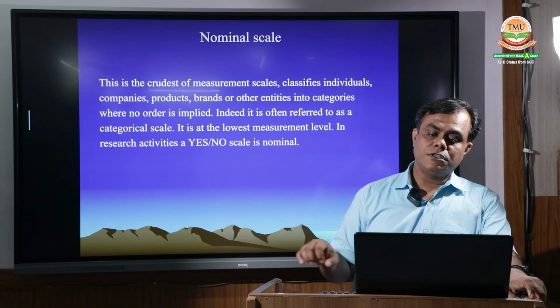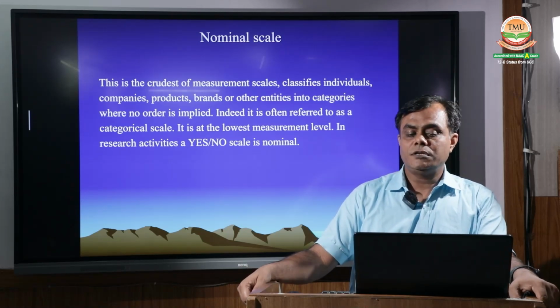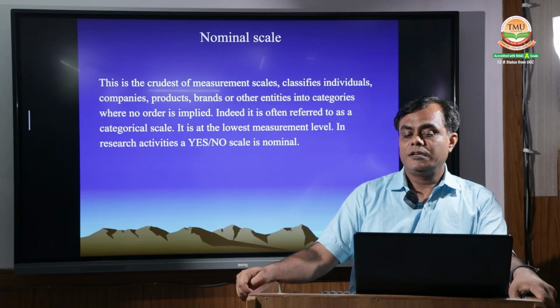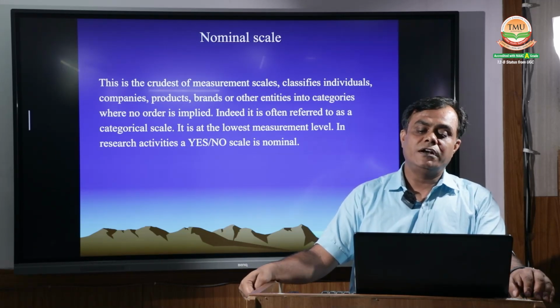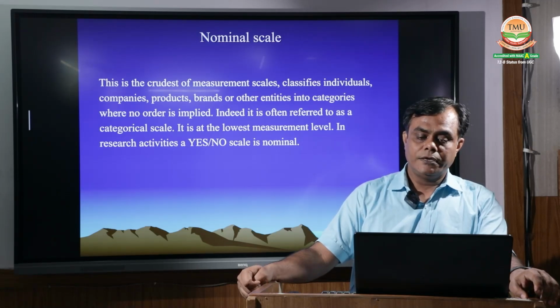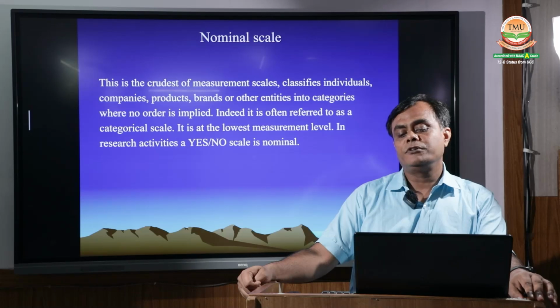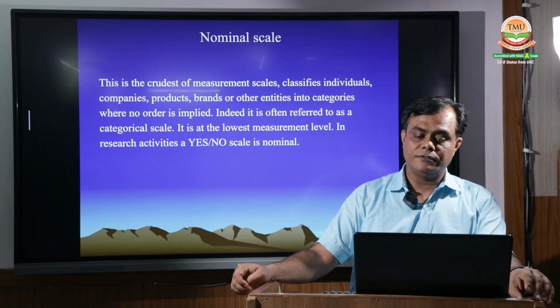Next is the nominal scale. This is the crudest of the measurement scales, classifying individuals, companies, products, brands and other entities into categories where no order is implied. Indeed, it is often referred to as a category scale.